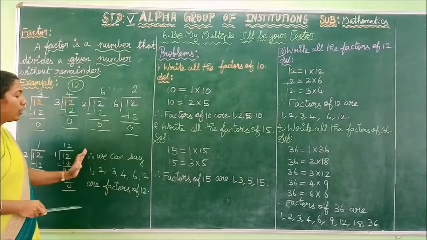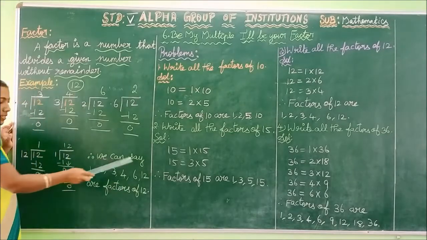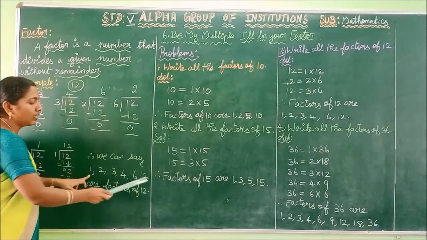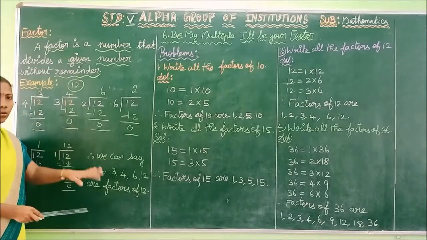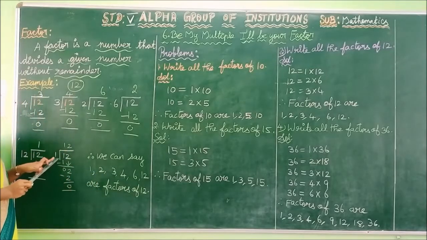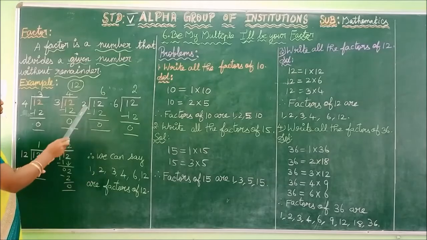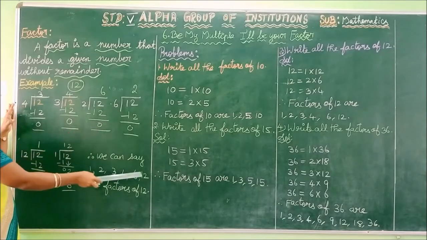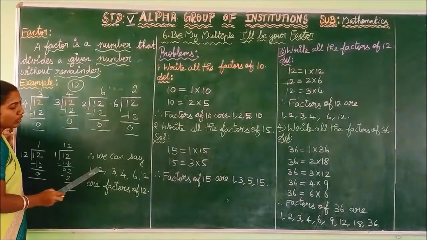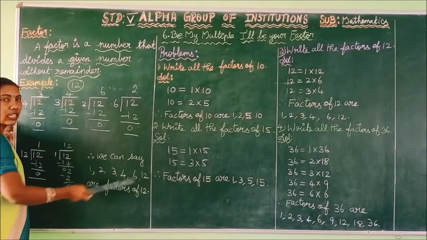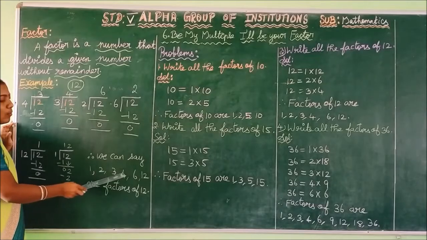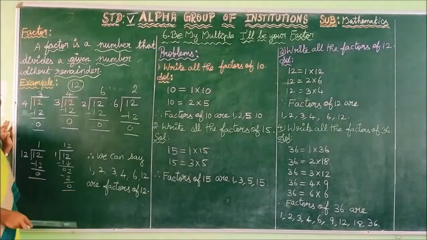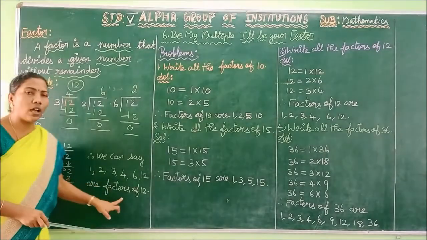Thus we conclude here. You have to write these divisors in ascending order, that is small to big. First write the small number, 1, then 2, then 3, then 4, next 6, and 12. Thus these numbers 1, 2, 3, 4, 6 and 12 are said to be factors of 12.